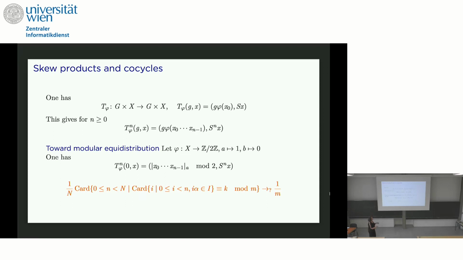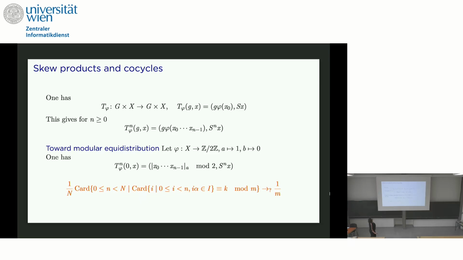So I claim that understanding the ergodic properties of this skew product, the minimality and the ergodic properties, will answer my problem. This problem in orange will be solved if we know, for instance, that the skew product is minimal and uniquely ergodic. And that's the approach developed by Veech originally.